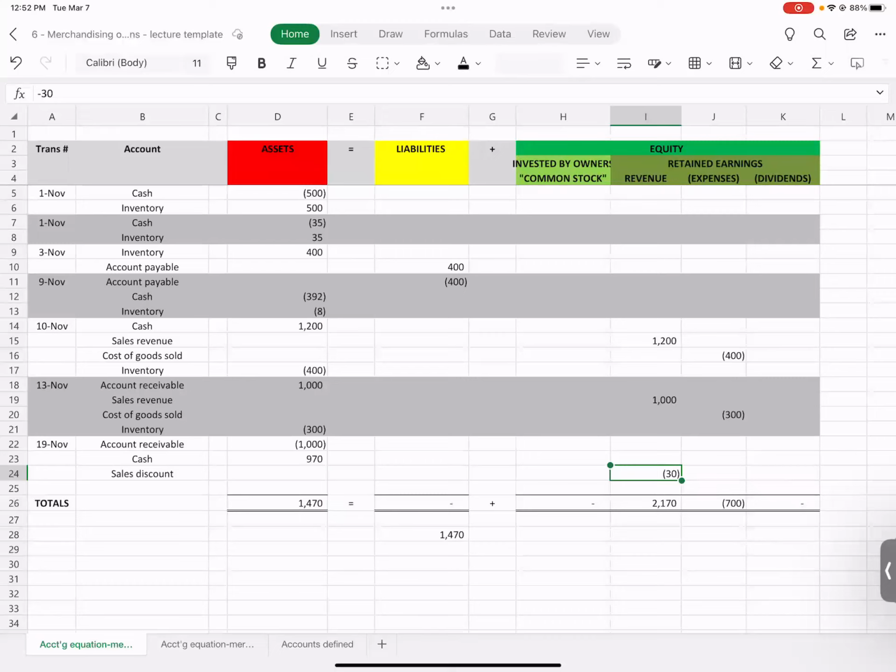So sales discount is going to fall under that revenue column, and it's going to be a negative amount. It's basically offsetting, a little bit offsetting the amount of revenue that we've earned. And you can see finally that our accounting equation still holds true. Our assets do equal our liabilities and equity after all is said and done.